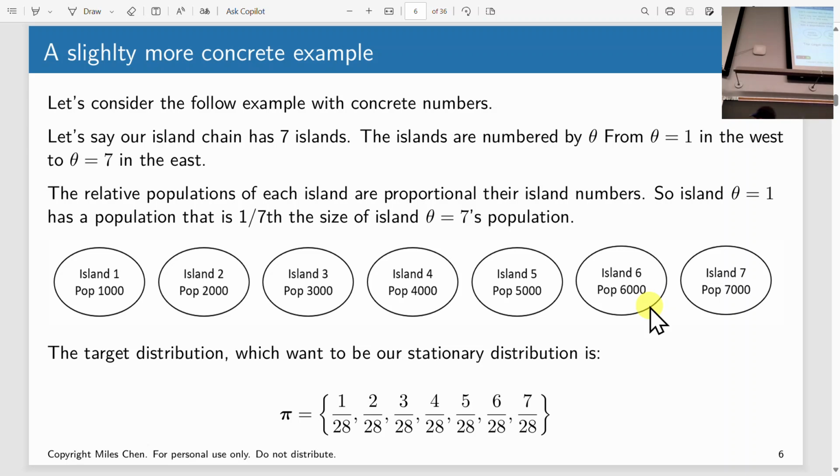This is our target distribution. This is the target distribution that we want.